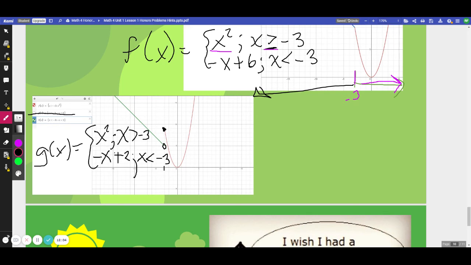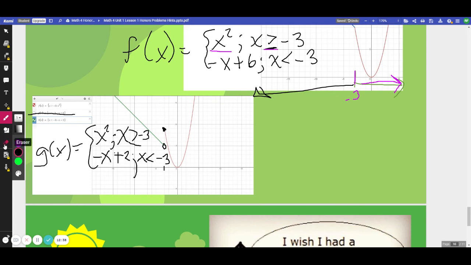If both of these values were part of your equation, this would not be a function because it does not pass the vertical line test, and there would be two outputs for one input. So you'd have to put a closed circle on one of these two. If the closed circle is on the x squared and the open circle is on the -x plus 2, then I'd put the little line under the equation for the closed circle.